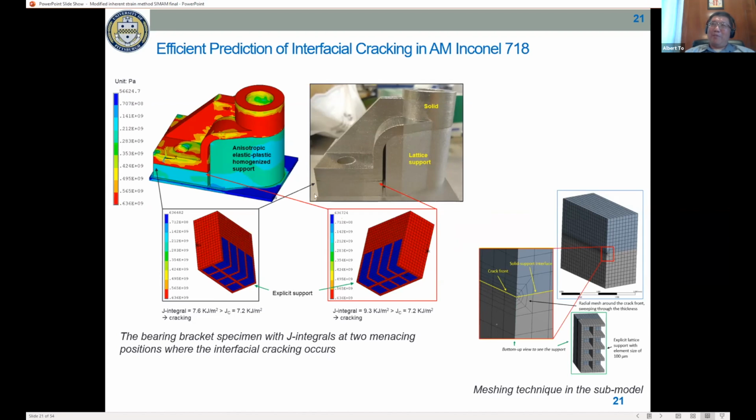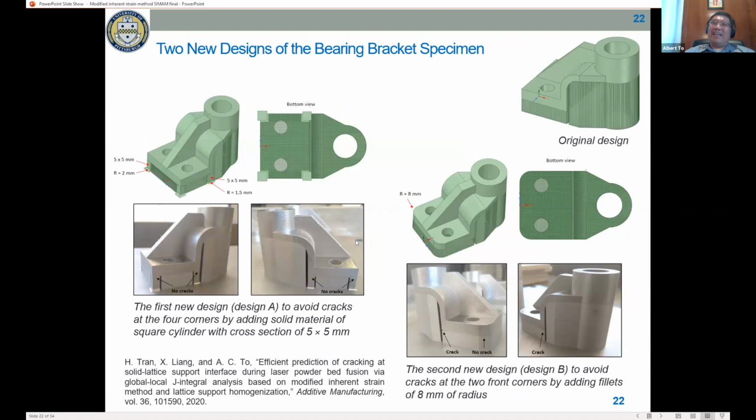We were able to predict cracking at the corners of these parts, and based on the result, we were able to change the design. The first design we made was to make the corners a solid support instead of a block style ladder structure support, to strengthen the corners so that they don't crack.